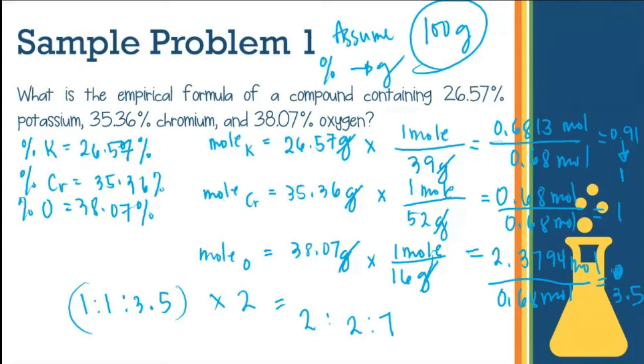Kapag naman whole number lahat, no need to multiply it by 2. Kapag naman malapit na siya sa whole number like 0.99 or 1.1, we can just round it off to the nearest whole number. Ibig sabihin, ang empirical formula ng ating compound dito is K2Cr2O7. This is the empirical formula of the compound containing 26.57% potassium, 35.36% chromium, and 38.07% oxygen.